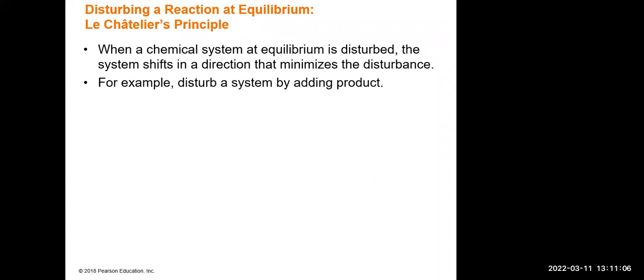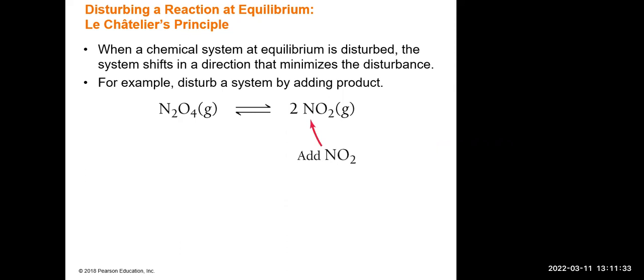For example, disturb a system by adding product, if the product is in gas or aqueous state. And here is one example. We have the product and reactant, both of them in gas state. So if you add in the product, the system tries to minimize this disturbance, which means it tries to reduce the product by shifting to the left.